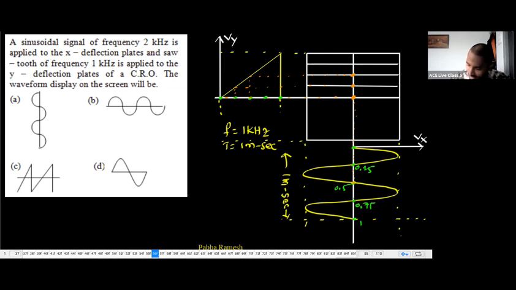Next, after that. At 0.75, it keeps on going. Here. Right? After that. At 1, and here at 1 millisecond, this is what the point.